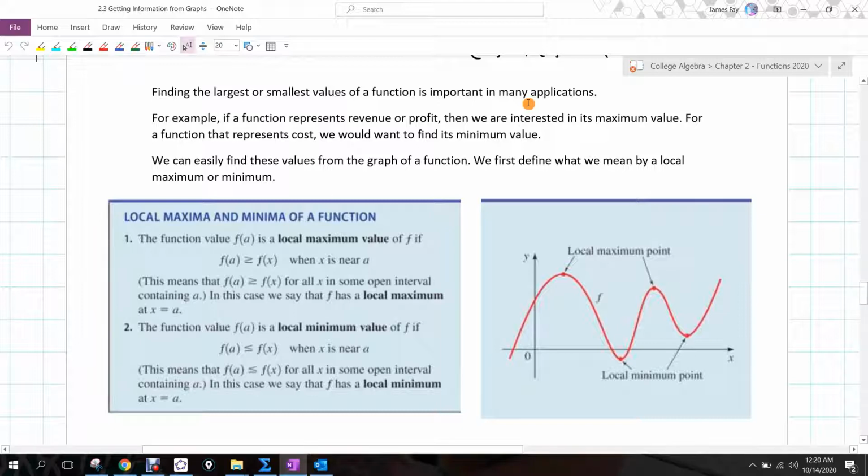We might be able to optimize, like I said, profits. Let's say I'm a farmer, and based on supply and demand, if I go to the market today with all of my oranges that I've grown, I might get $2 per bushel.